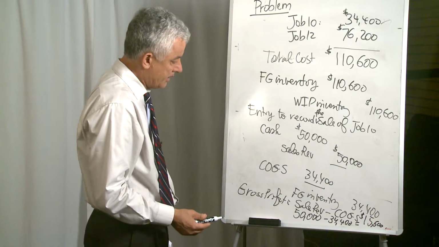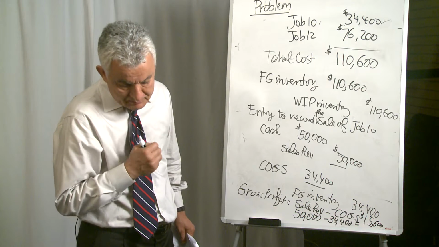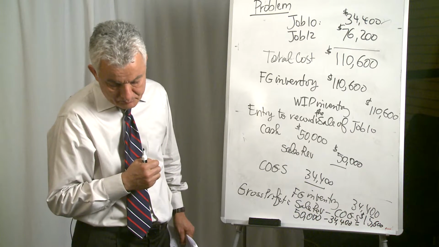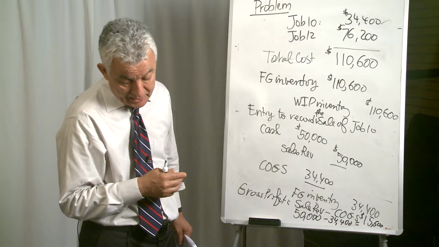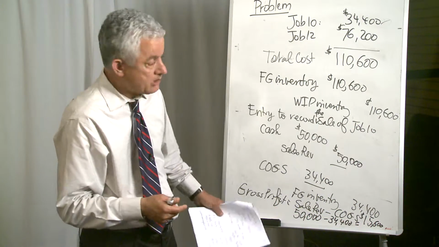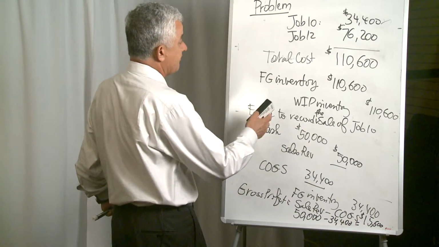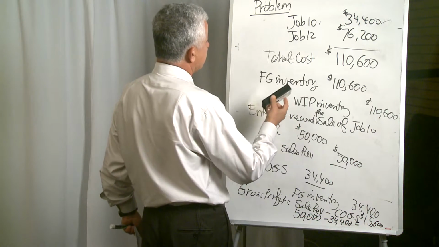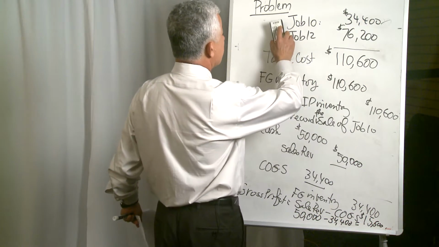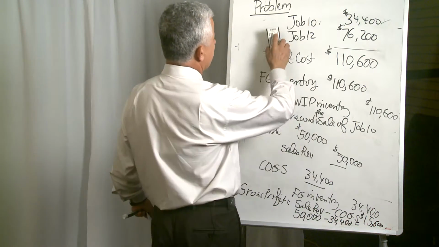Okay. Now, the next question is, what is the cost assigned to the ending work in process? So as we said earlier, the ending work in process consists of those jobs that were not finished by the end of the period. So basically, that's the cost of job 11, okay?